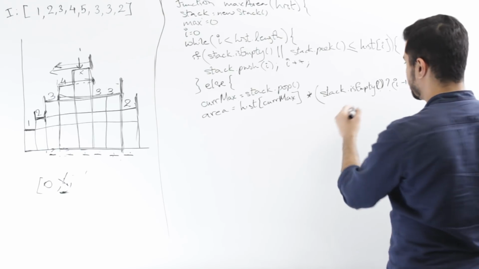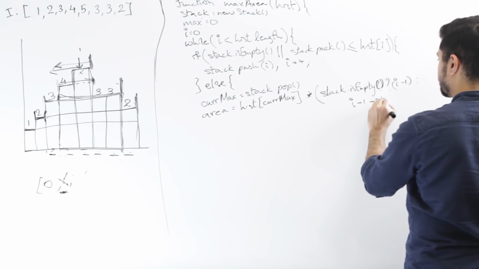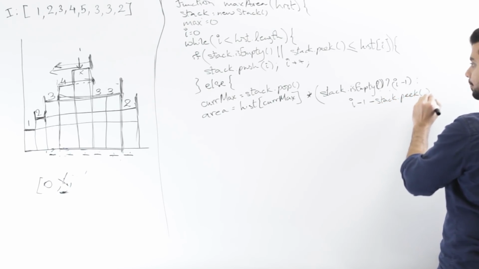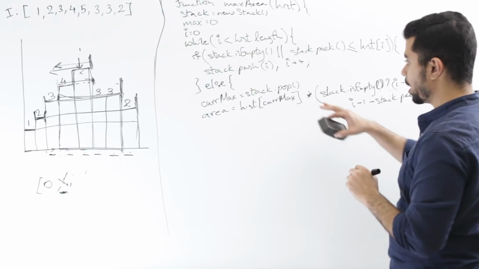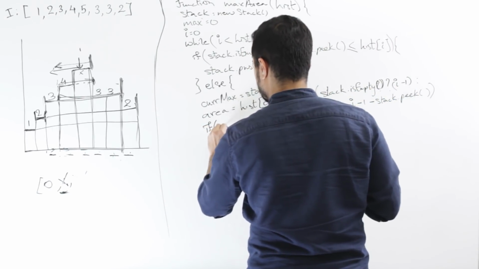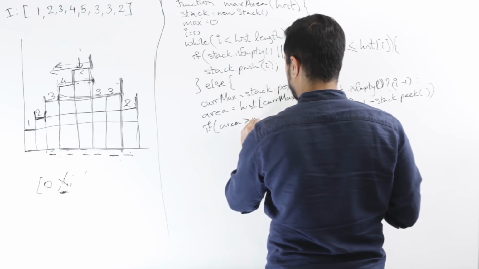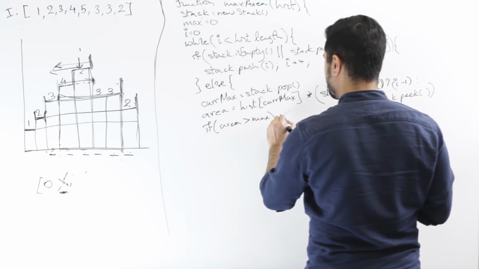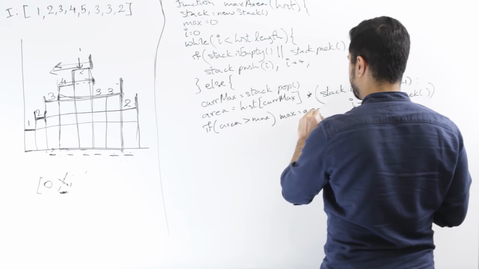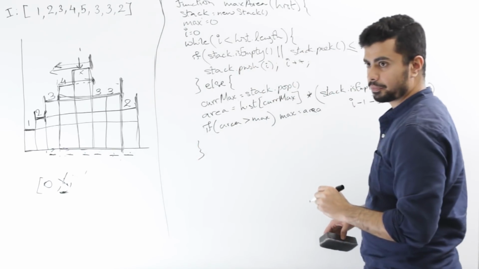But if there is something, then we'll say I minus 1 minus stack dot peek. Right? Perfect. So now we'll have the area. Then we'll just do a comparison that if area is greater than max, max equals area, right? So this actually concludes this while loop.